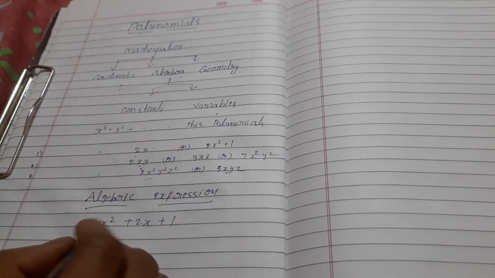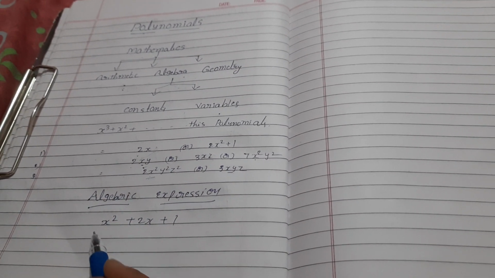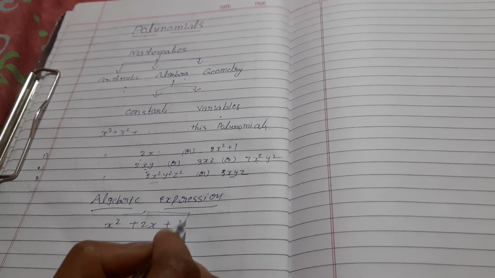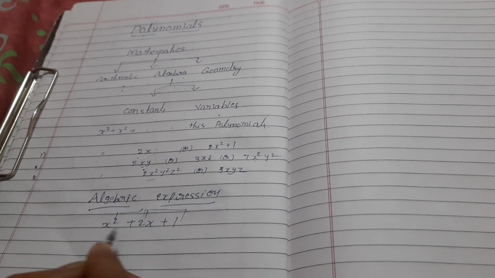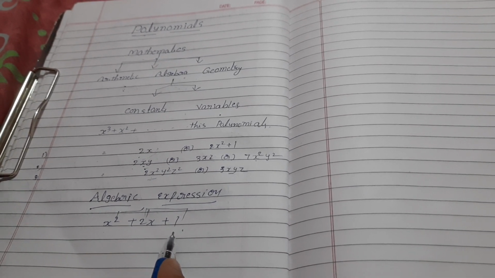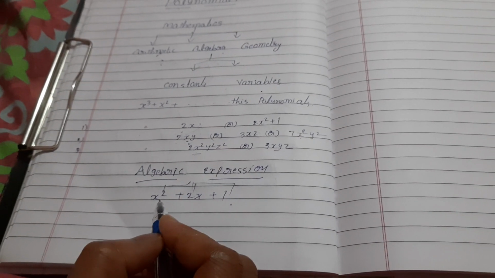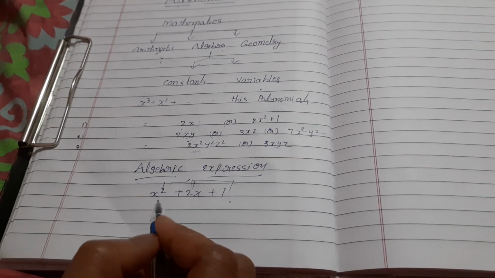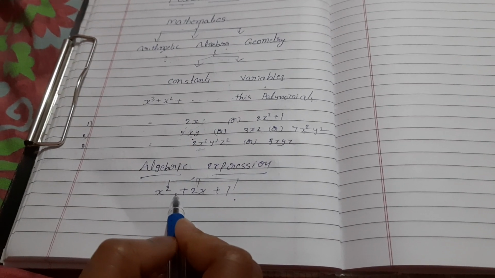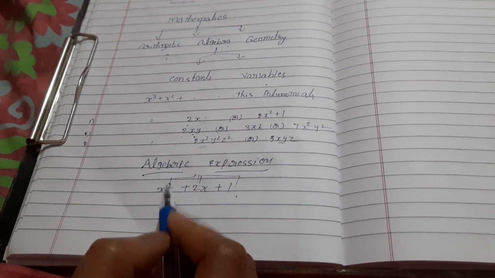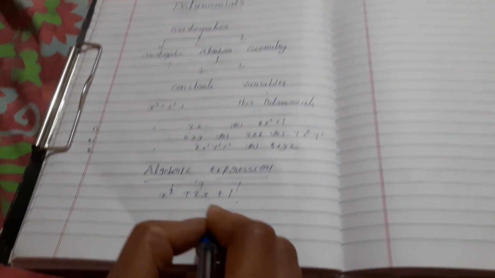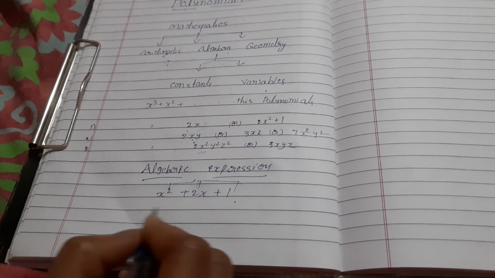Algebraic expression means here, how many terms are there? 1, 2, 3 terms are there. So this is one algebraic expression. Here mathematical symbols are there. Now you can observe this equation, this polynomial.